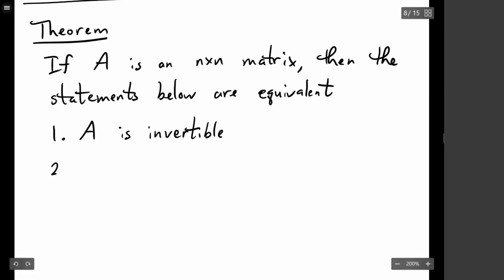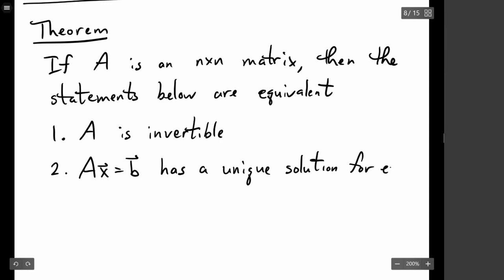One of them, as we talked about, is that the system of equations AX equals B has a unique solution for every n by 1 matrix B, or column matrix B if you want.